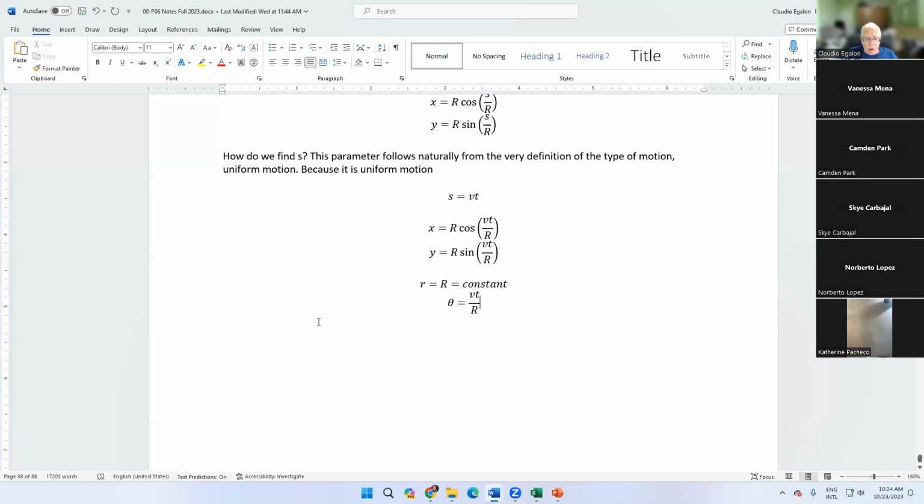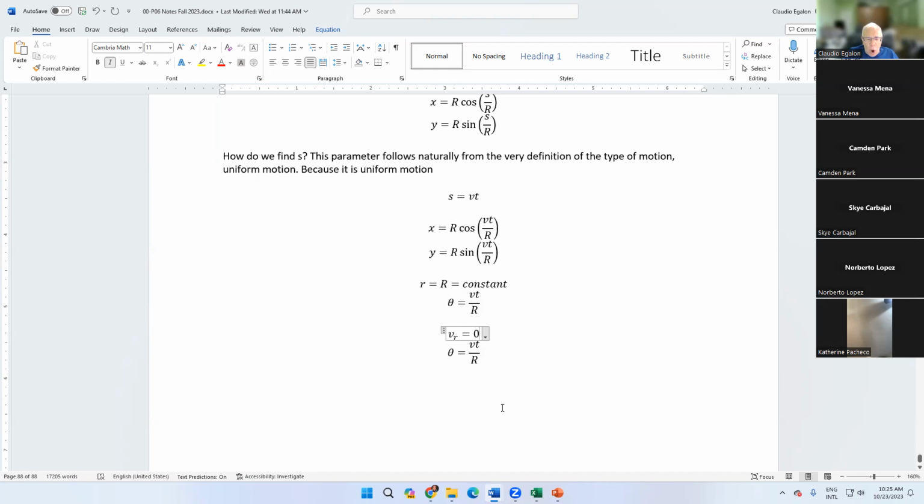What comes next is not all the equations of motion that we want, right? You already know that V sub R, the velocity along the radial direction, is going to be 0 because it is a circular motion.